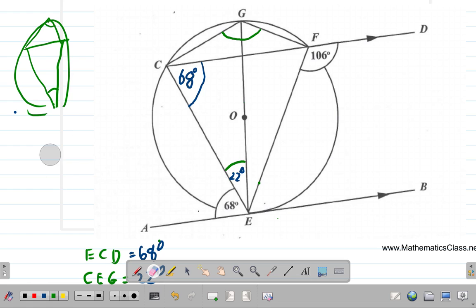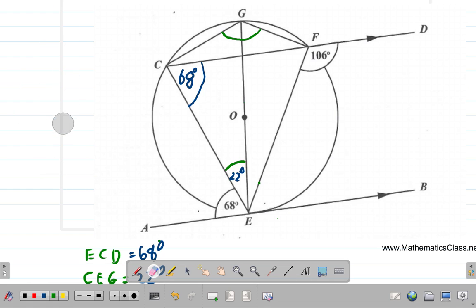We'll discuss that separately in a different video. Finding this angle would help you find CGF. Now, can you find this angle? We're going to see.